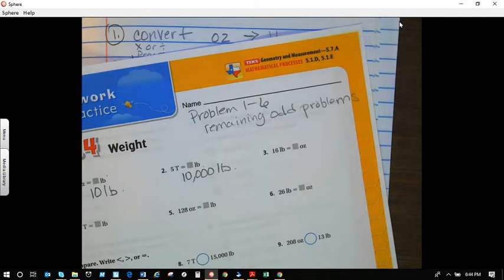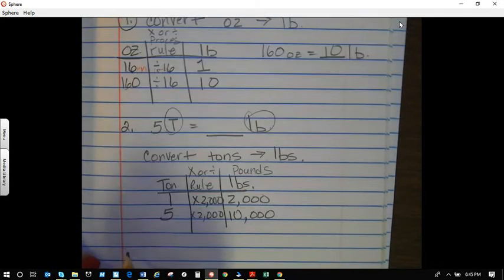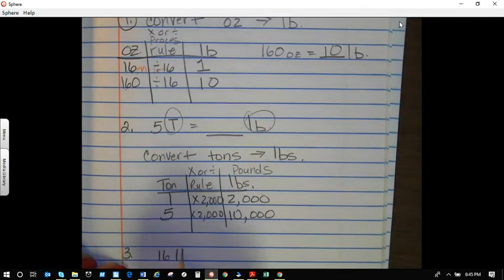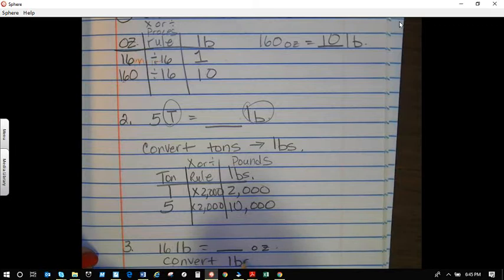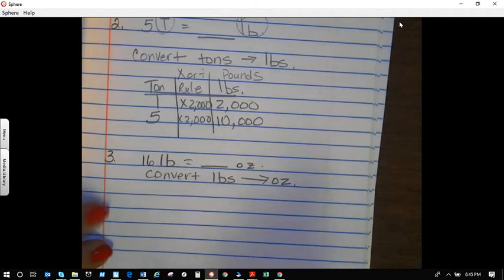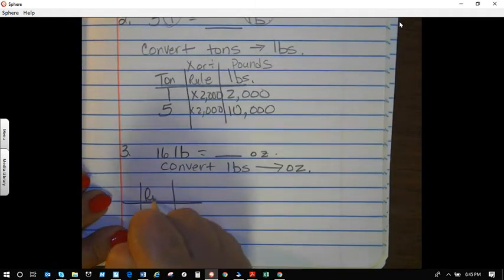All right. Number 3. I'm going from pounds to ounces. So I'm coming over here, and I have 16 pounds is equal to how many ounces? I'm going to convert pounds to ounces. All right. And now I'm going to make my chart. Write down my rule, or you can put process.